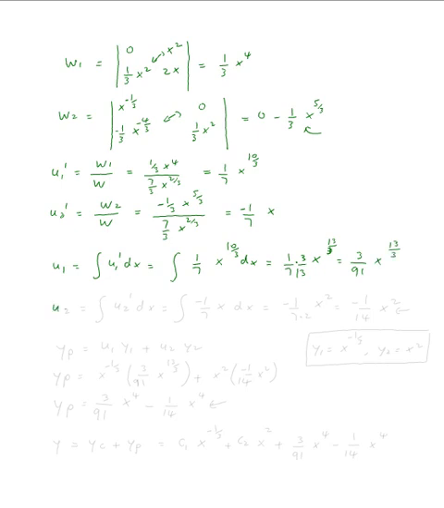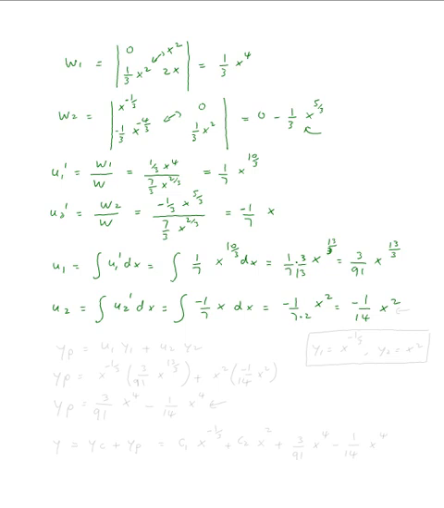Now what about u2? u2 is the integral of u2 prime dx, which is the integral of negative 1/7 x dx. It's negative 1/7 x squared over 2, which is negative 1 over 14 x squared.